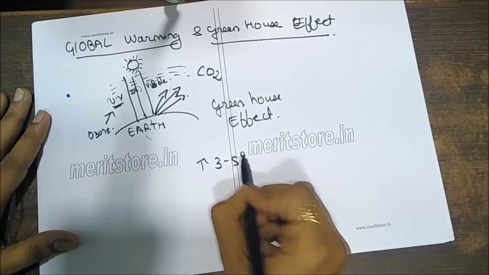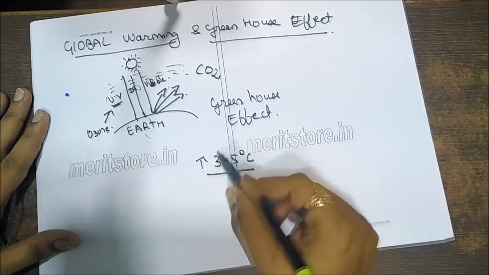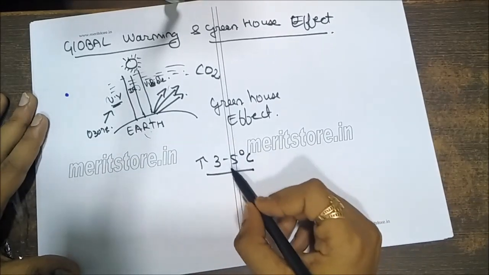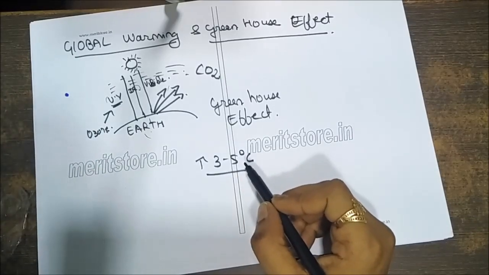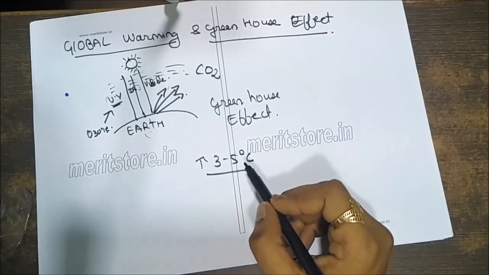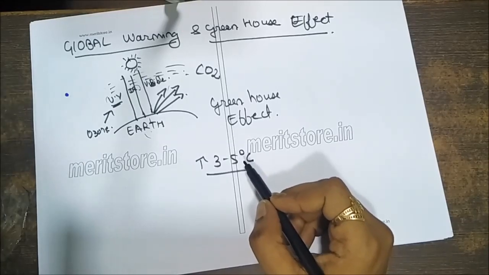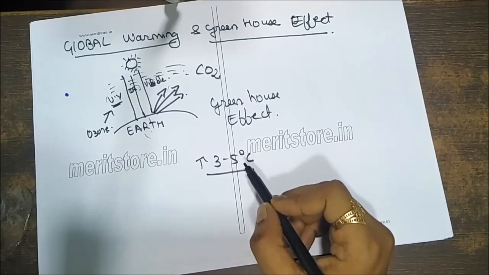So 3 to 5 degrees Celsius temperature is increasing. So what will happen? Because this temperature is going on increasing, the icebergs in the Arctic and the Antarctic region would melt, and it would eventually contribute to hurricanes.